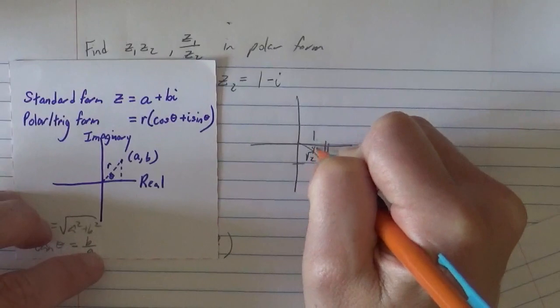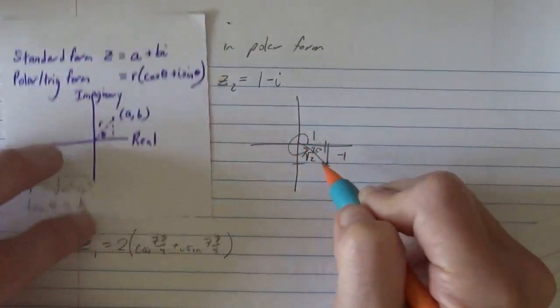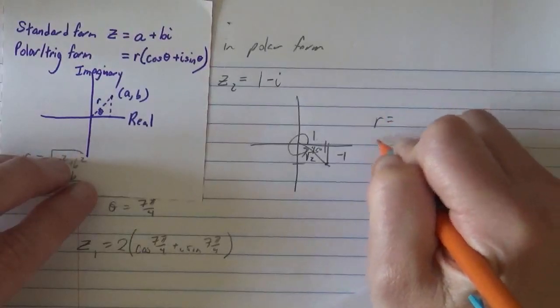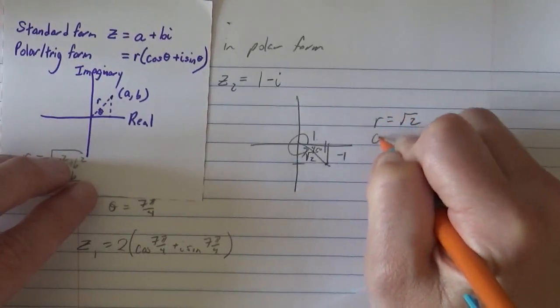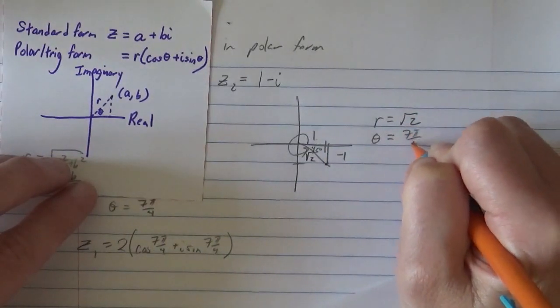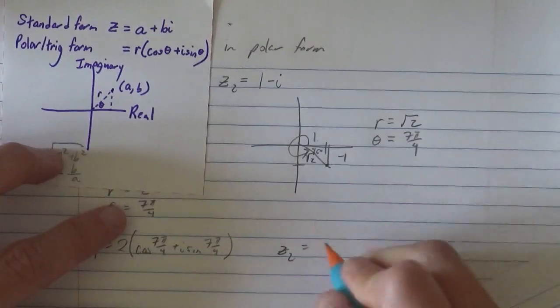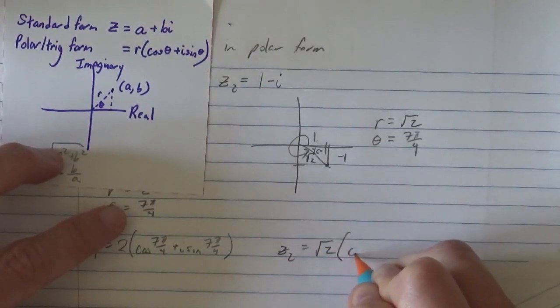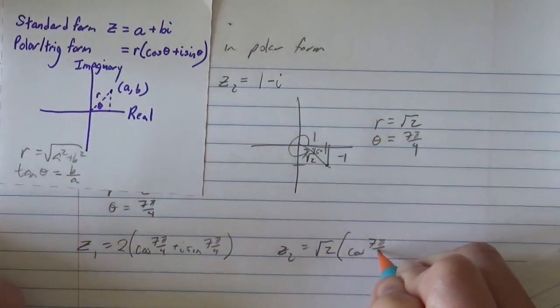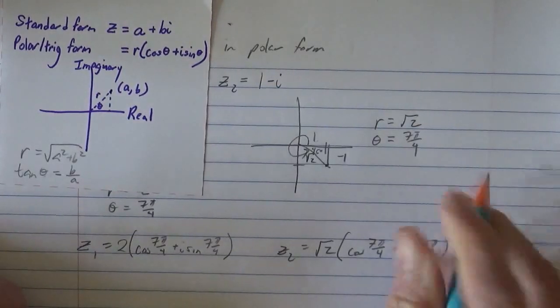Again, they've picked nice 45, 45, 90s for us. So our radius is root 2, and our angle is 7 pi fourths again. And so we could write z2 as root 2 times cosine 7 pi fourths plus i sine 7 pi fourths.